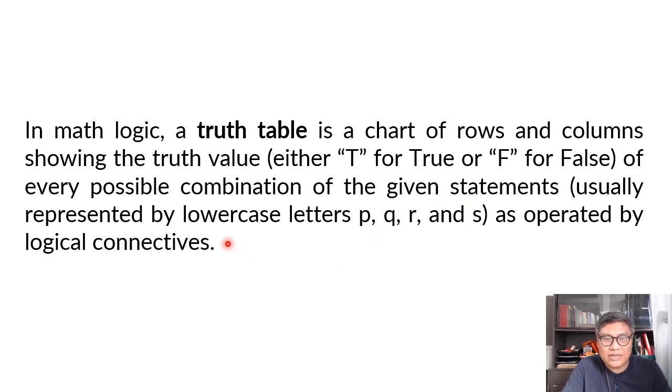Usually the statements are represented by lower case letters, so we use P, Q, R, and S. Sometimes, class, we use capital letters, and of course they are operated on by the logical connectives, using the four connectives that we use: the and, the or, the if then, and the if and only if.